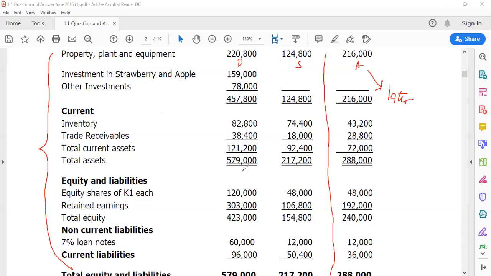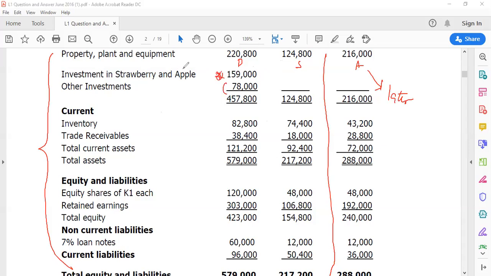So how do we post? We make a format, then we'll be posting these figures the way they are. This guy, other investments, we post. Investment in Strawberry would not include the investments in a subsidiary on the SFP. We don't include this guy on the SFP.